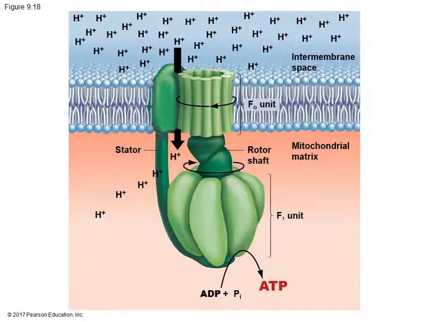In this diagram, it explains exactly what is mentioned in the previous slide. We see that ATP synthase in green is embedded in the inner membrane of the mitochondria. We actually see the electrochemical gradient of protons. We see that there are a lot of hydrogens on one side of the membrane, but not on the other.